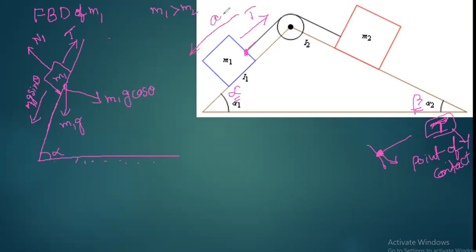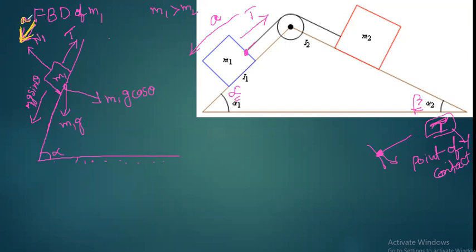This is our acceleration, correct? So I am putting a small acceleration A with an arrow mark. I will give special attention to how the body moves, because depending upon that we have to decide all the signs. Now the body is moving in this direction.